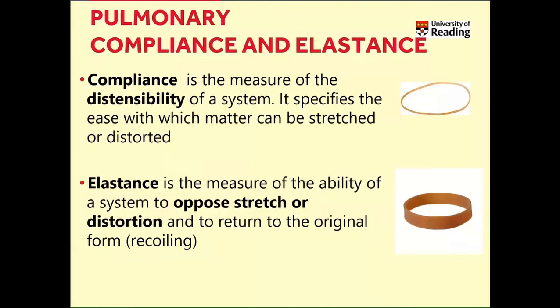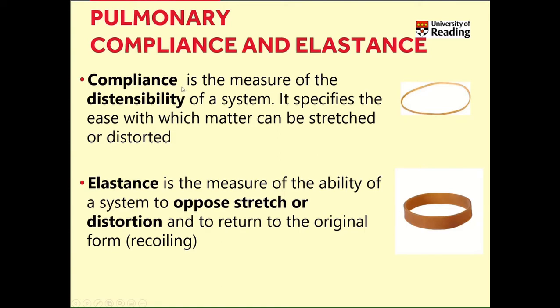In the next couple of slides, I would like to talk to you about compliance and elastance. To help you understand these two concepts, I put here two pictures of an elastic, a thin one and a thick one.